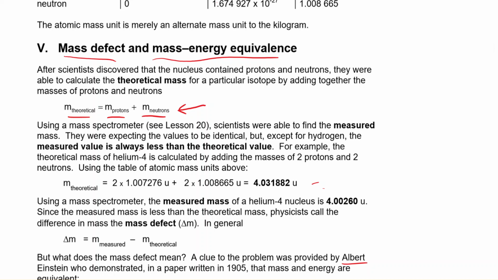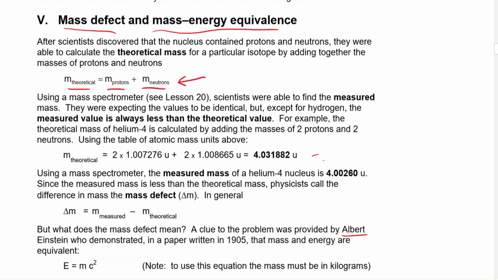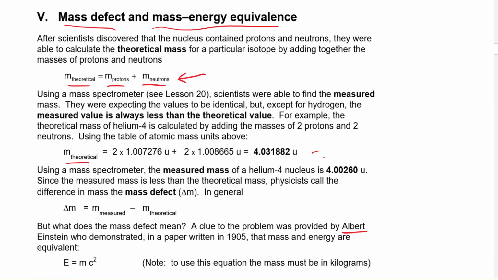But it was different. So the theoretical would be 2 times how much we know a proton is, and then 2 times how much we know a neutron is. So it should be this number of atomic mass units. But then we use a mass spectrometer and figure out that it's actually only this much.